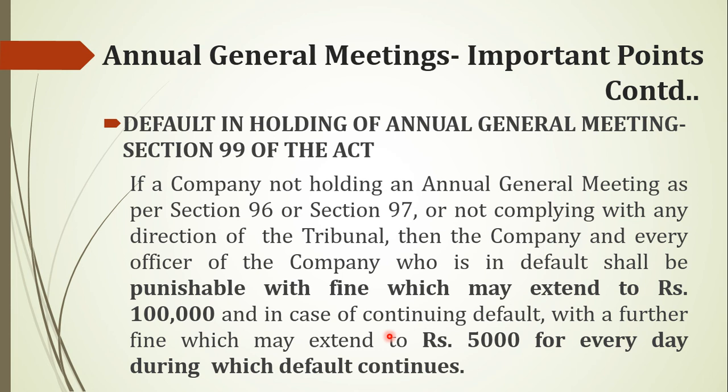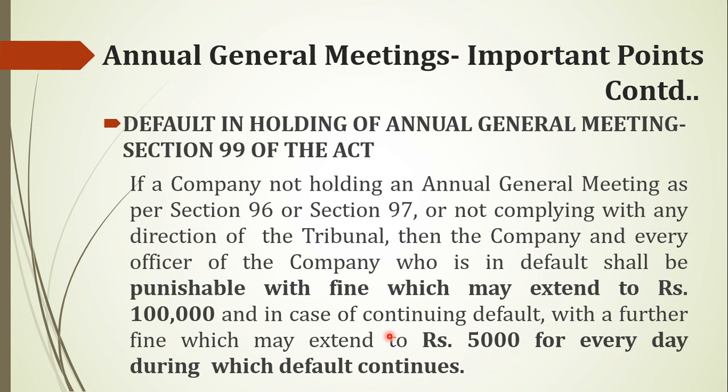So it is a continuing offense, and a per day penalty is also levied, along with the basic penalty, which may extend to rupees 1 lakh. This is covered under section 99.